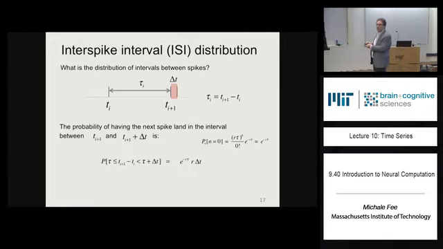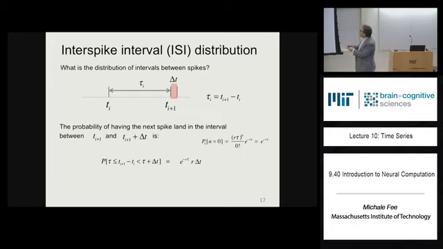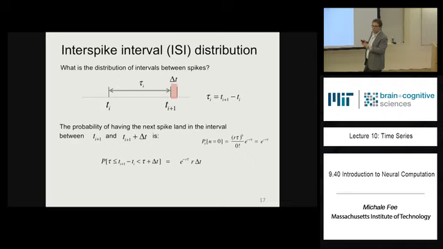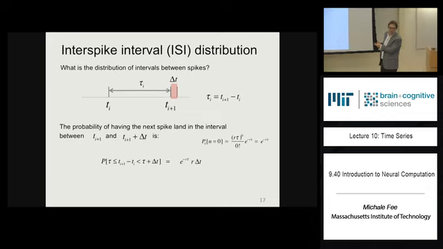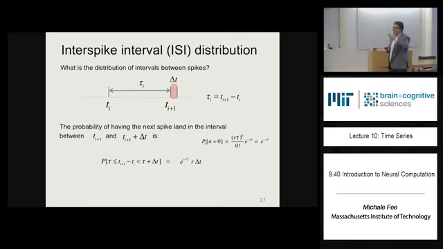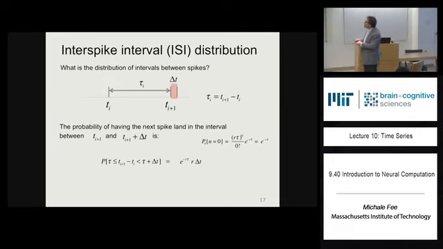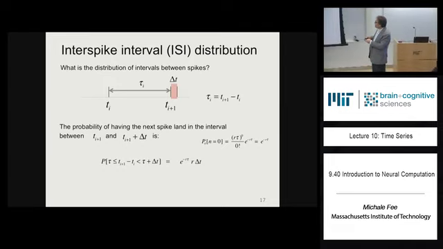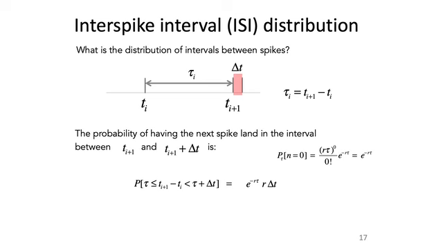If there had been another spike in here somewhere, this would not be our interspike interval. The interspike interval would be between here and wherever that spike occurred, and we'd just be back to calculating the probability of having no spike between there and there.